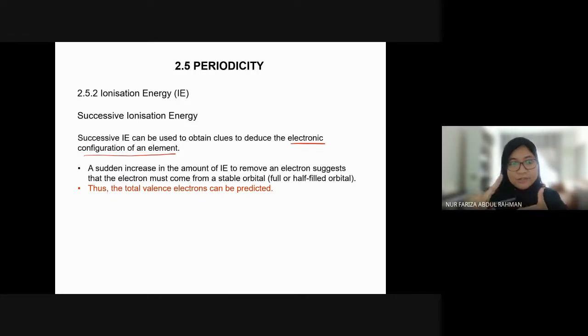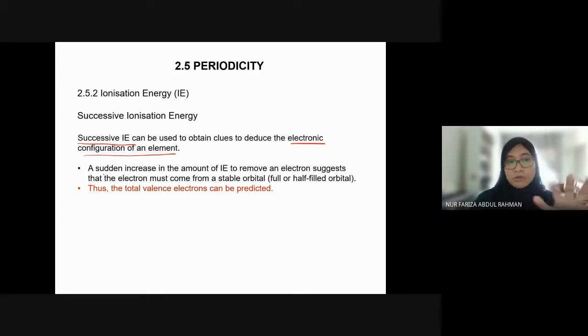Automatically we will know the valence electron, the period, the group, and semua tu lah. So this successive ionization energy allows us to predict all the information that I have mentioned just now.